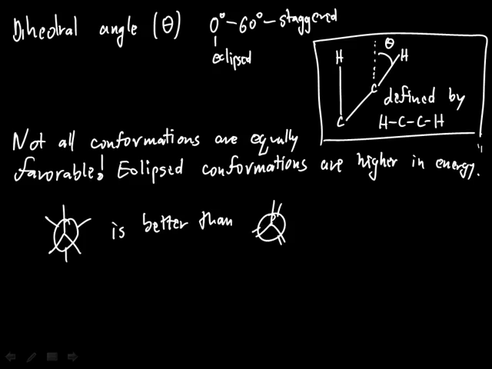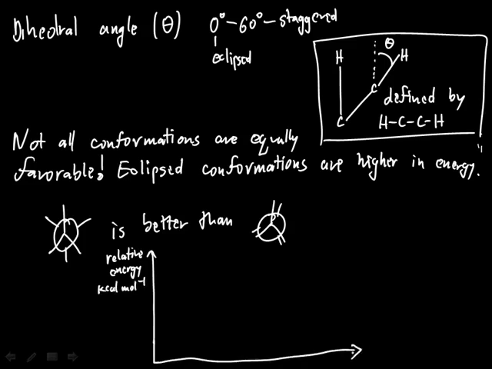Now if we're going to display this quantitatively, we're going to use a graph where the y-axis will have the relative energy in kcals per mole, and as an x-axis we will have theta in degrees. If we start at 0 degrees, then that is an eclipsed conformation, that is relatively high energy.